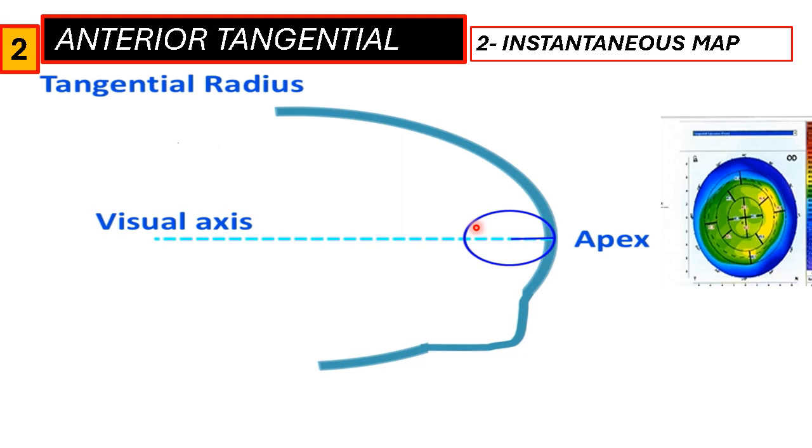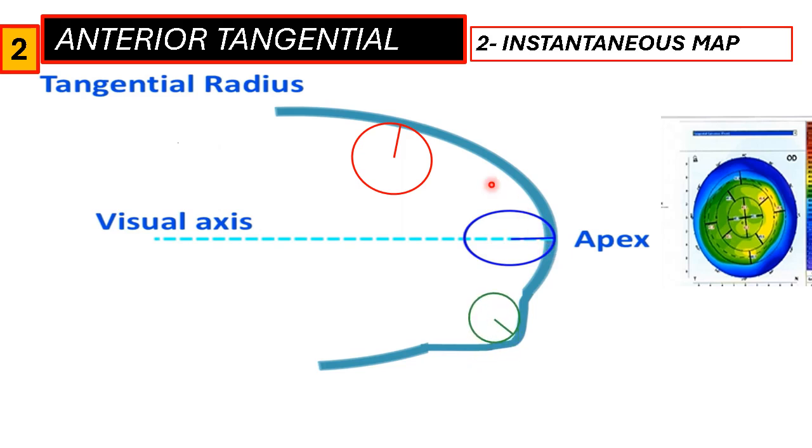So it is very sensitive to any local irregularities in the surface of the cornea. That's why it gives more detailed information. Another point on how we measure the power using the tangential map is that it doesn't rely only on the visual axis to measure the radius of curvature of each point of the cornea.